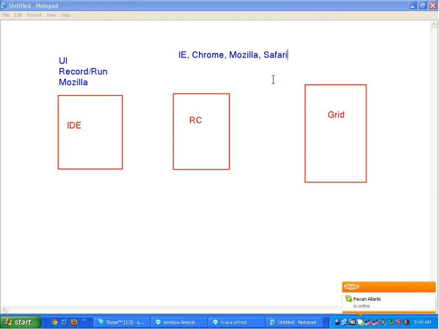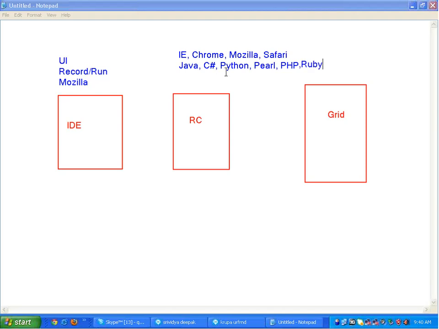And RC can be implemented in any one of the languages like Java, C#, Python, Perl, PHP. Perl, it's not so stable actually. Java, C#, Python, PHP, Ruby. So these are the languages in which this can be implemented.